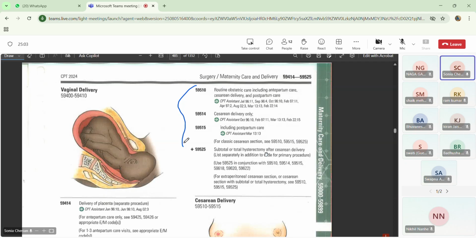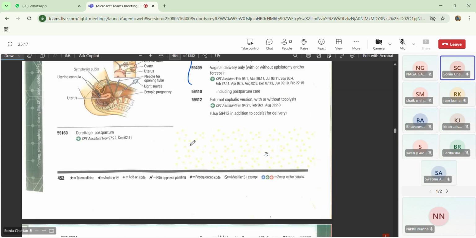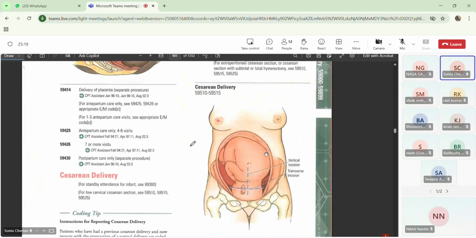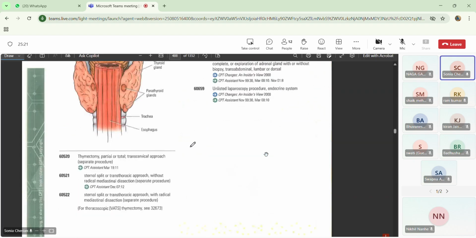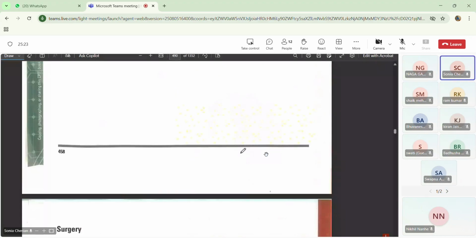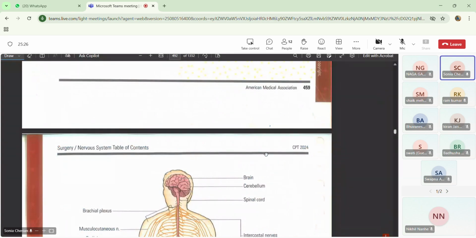But 59, you probably can see a lot of 59. When it is non-Medicare, you will use 59 modifier. When it is Medicare, you will use XU modifier, right? That is one thing you need to know. So all these are some checkpoints when you're going to code for the OP chart. Okay, the surgery OP chart.